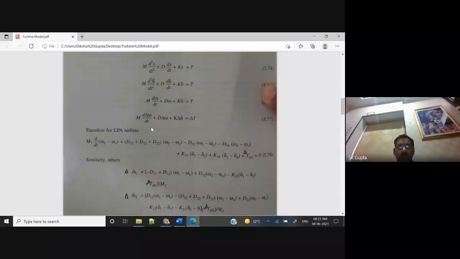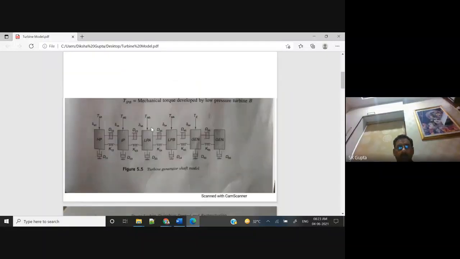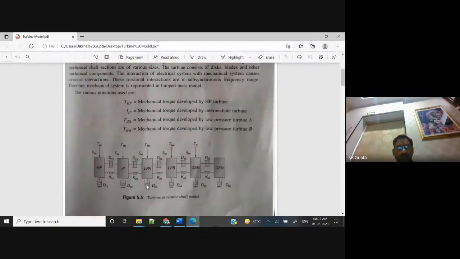Now if this equation is applied here, let us have this one unit, three, this is oscillating. If some disturbance comes, because the disturbance may be that the electrical torque changes. What is actually the working of this?